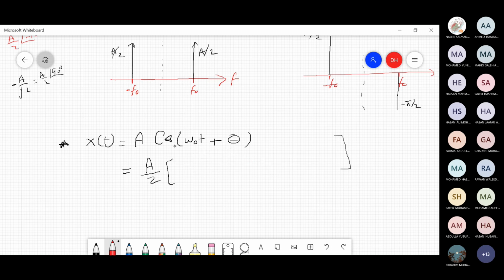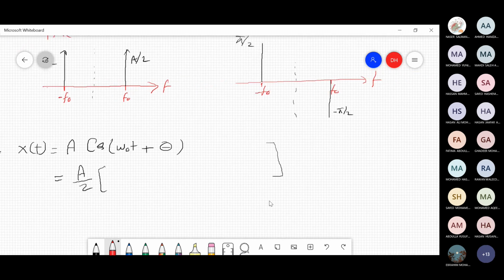The important thing here, so that I don't write it twice: it is e to the power of j omega naught t plus theta. So we can split it into 2, so then it is equal to e to the power of j theta multiplied by e to the power of j omega naught t.